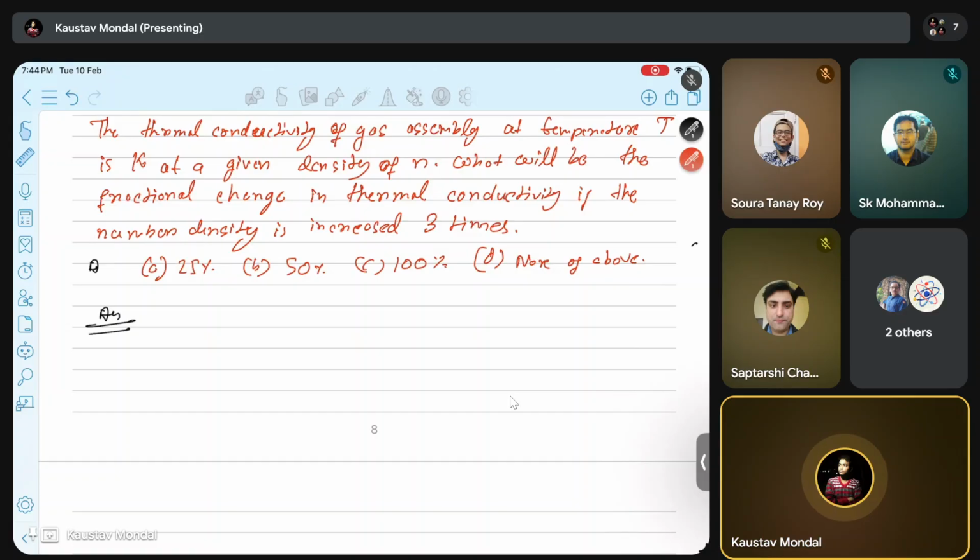So thermal conductivity, we know K expression is basically given by 1 by 3 into m n c bar lambda Cv, or you can write it like this also, 1 by 3 n c bar lambda Cv,m, whichever way you want.